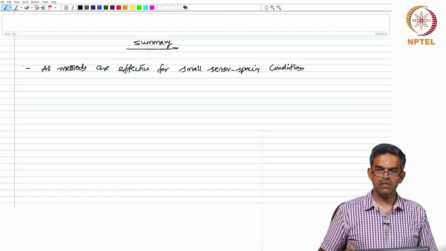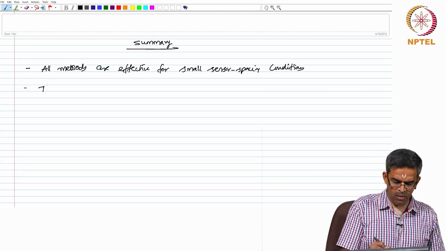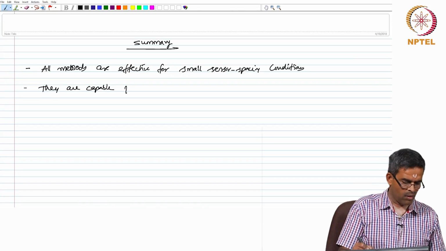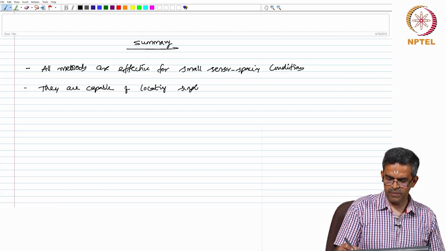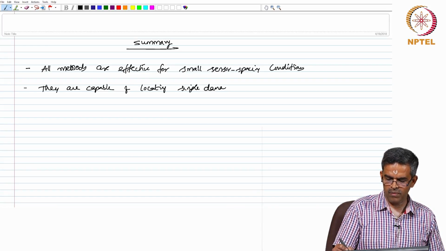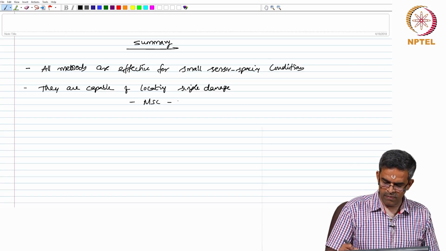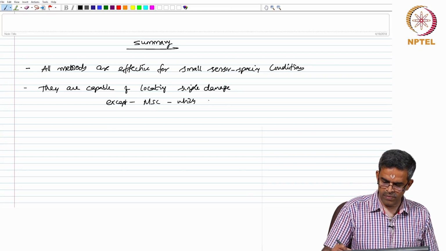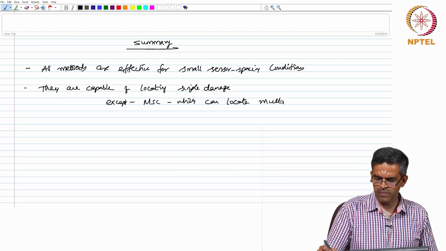That is the first summary we have. The second summary we have is, all these methods are capable of locating single damage except MSE, which can locate multiple damages.